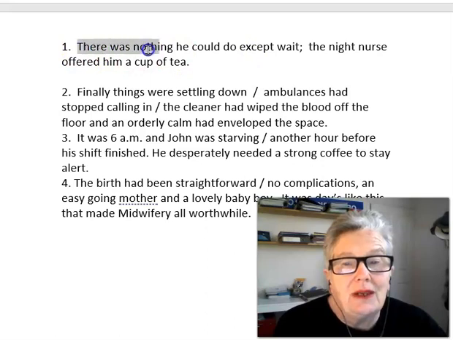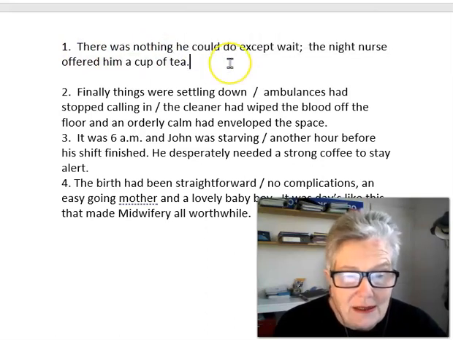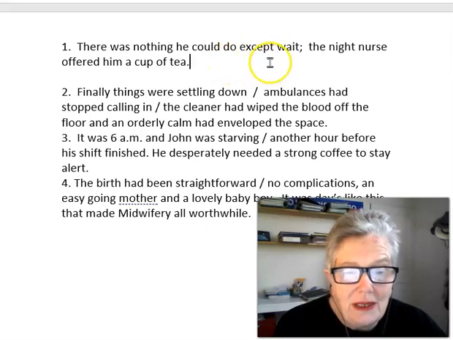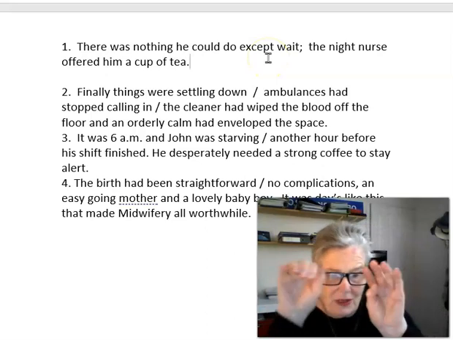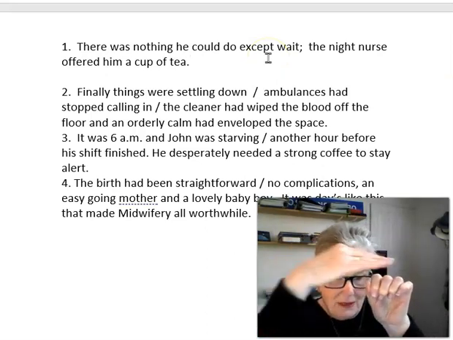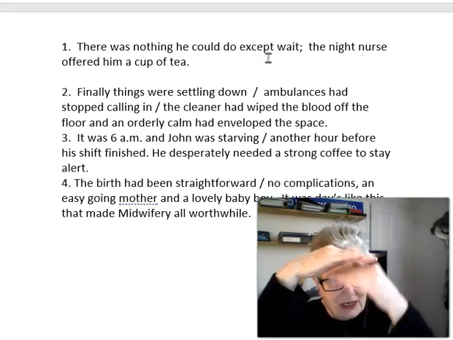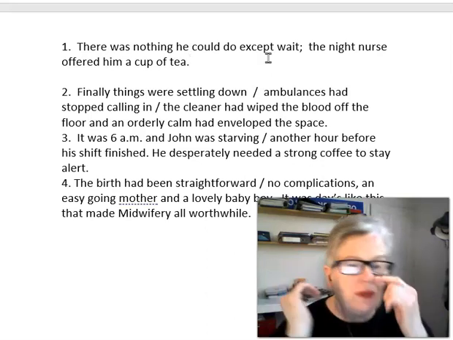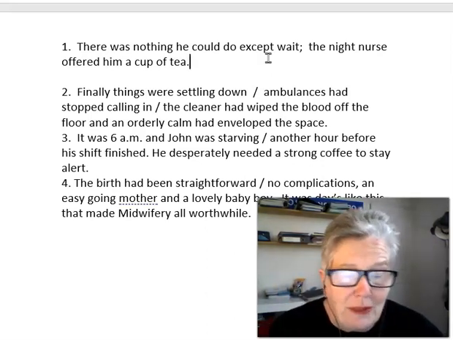When you've got something like this, you're getting very smart, and it's called a complex sentence. If you can put your words into complex sentences, joining this bit with this bit, this is the independent clause, it stands alone. This bit is connected to that one. It's a subordinate. You're writing complex sentences. Go to the top of the class. Okay.